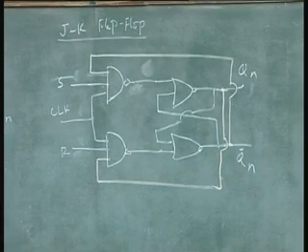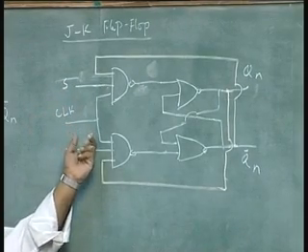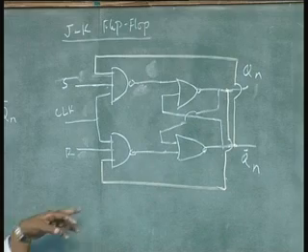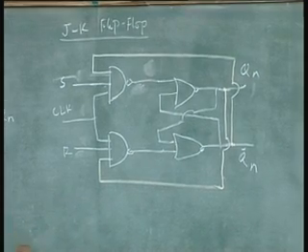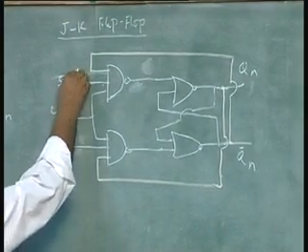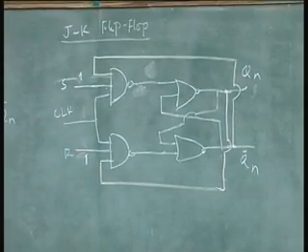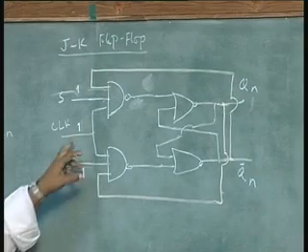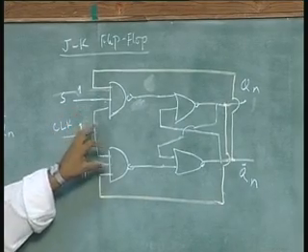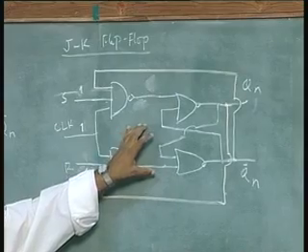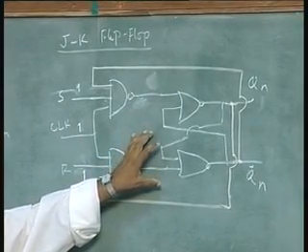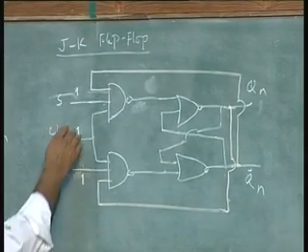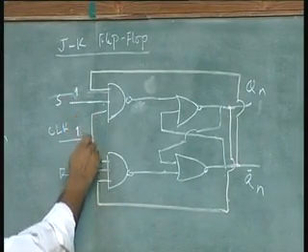The condition that S and R is equal to 1, which was not permitted in the previous case, how that is eliminated in the case of the JK flip flop we will see. For that we need to make S equal to 1 and R equal to 1. Of course, we will analyze the circuit when the clock is 1, because when the clock is 0, the input is not going to be effective. In this sense, the flip flop is going to store whatever value was put in it before the clock became 0. So, we are going to analyze the condition 1 1 for these two inputs.